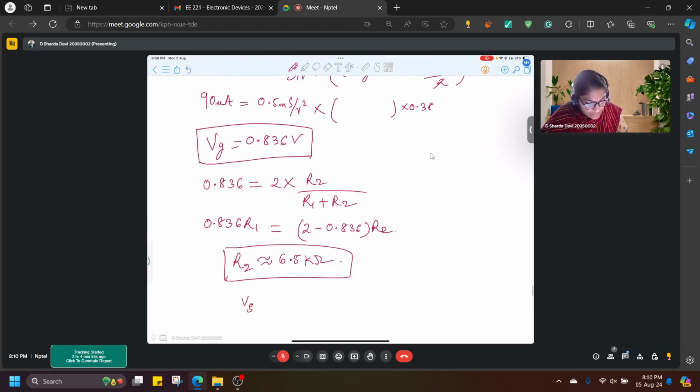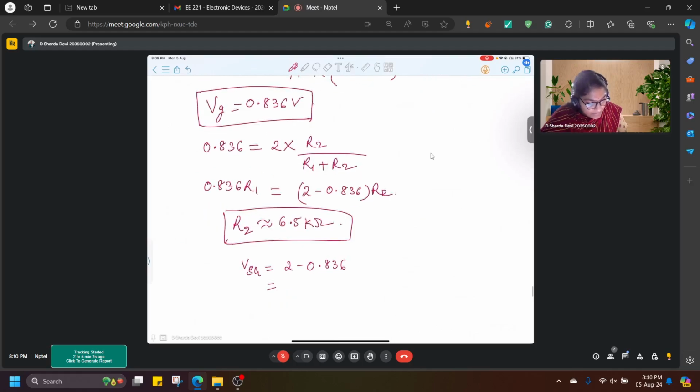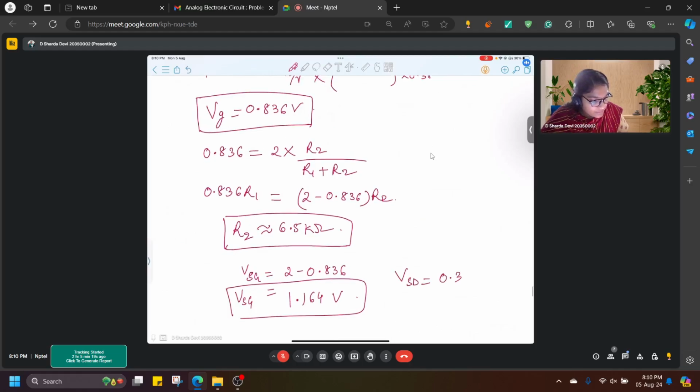So VSG is 2 minus 0.836, which is 1.1. VSD is 0.38 volts, and they are in linear.